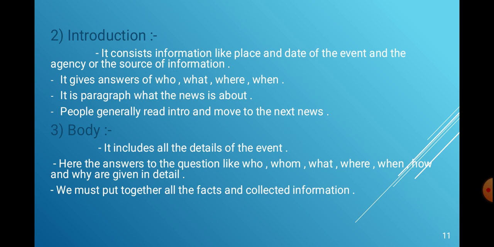It is a short paragraph by reading which the readers understand what the news is about. By reading the introductory paragraph, the readers may decide to read further or not. In modern times, people generally don't read the whole news, so they just read the introductory part and move to the next news.